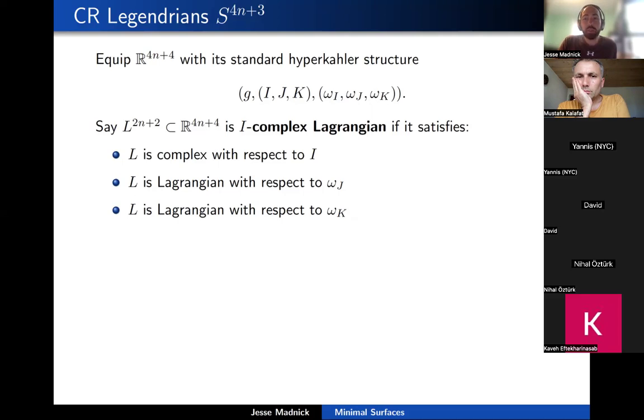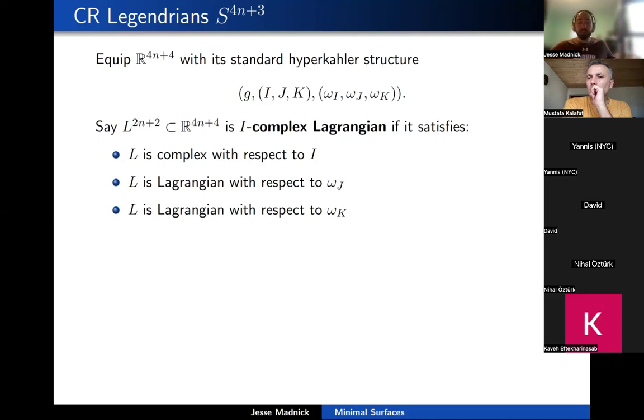This is surprisingly possible, which is a bit funny because complex submanifolds are often treated as somehow the opposite of Lagrangians, but of course that's for a given structure. Here we have a type of submanifold which is simultaneously Lagrangian and complex. Of course, that's possible because the structures are different.